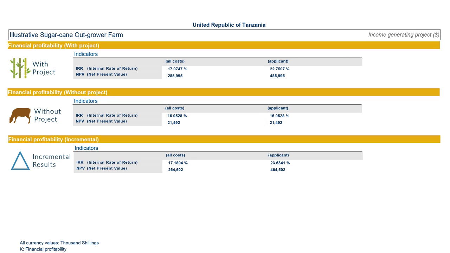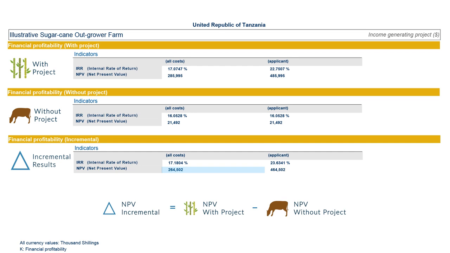To verify, remember that the net present value from incremental results is the difference between the net present value obtained from the with project situation minus the net present value obtained from the without project situation. Where there is no prior activity, and hence no without project situation, the incremental results will be the same as the with project results. Good luck.